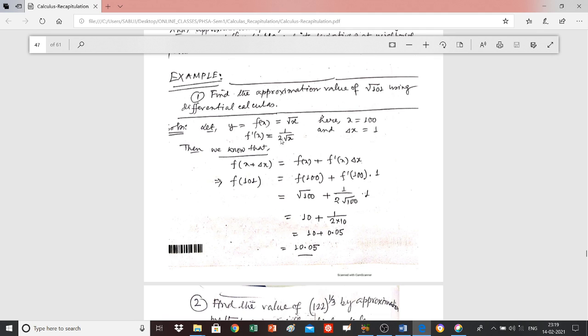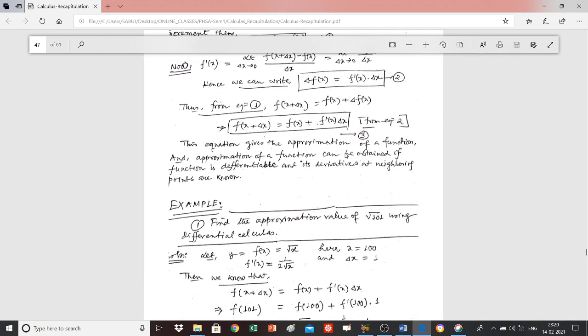Then from the definition of the approximation value of a function, f(x plus delta x) is equal to f(x) plus f'(x) delta x, that we have obtained here.